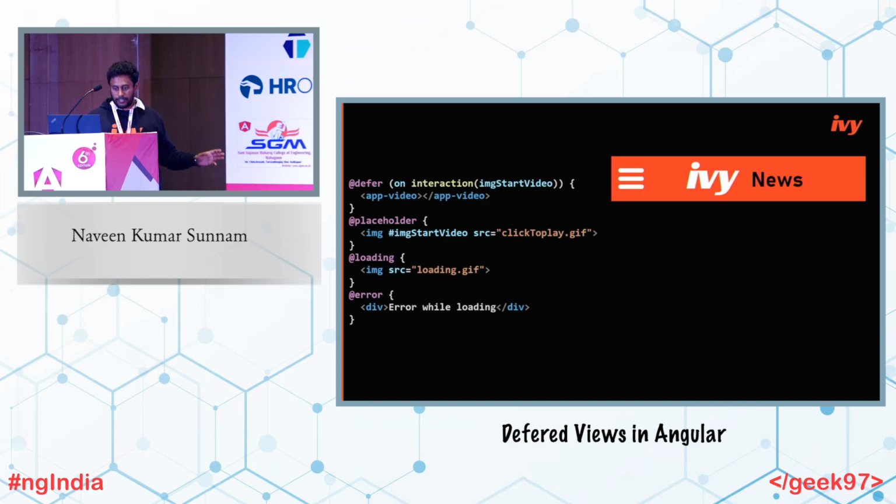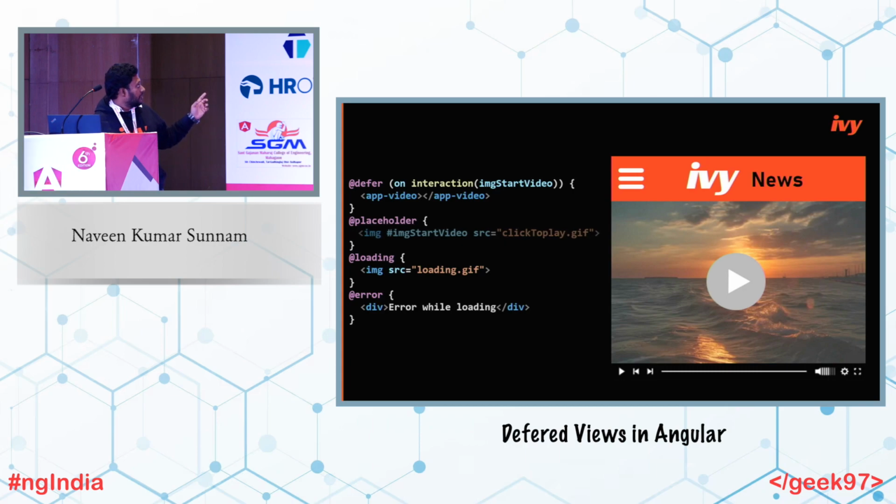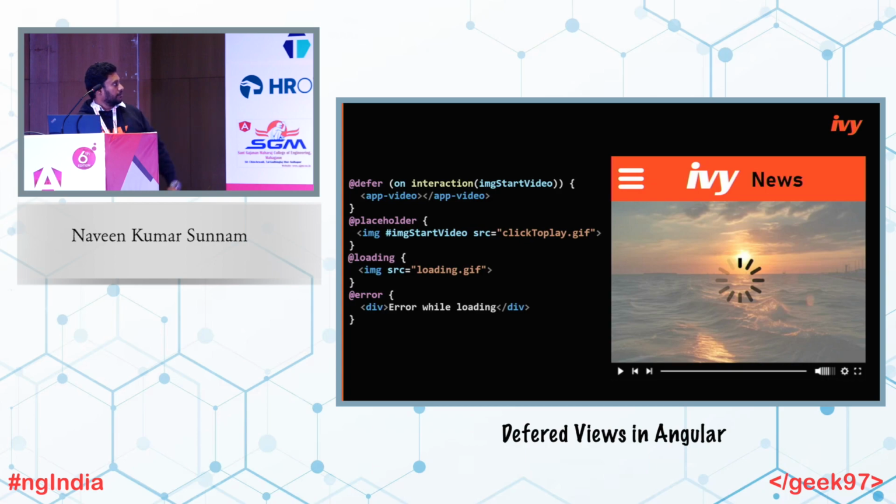The next is I tried some animation here. First, the placeholder content is loaded, and you will see just a static image there. Whenever the user clicks here, the loading starts. The second block, the loading block, will trigger, and there will be a GIF there.